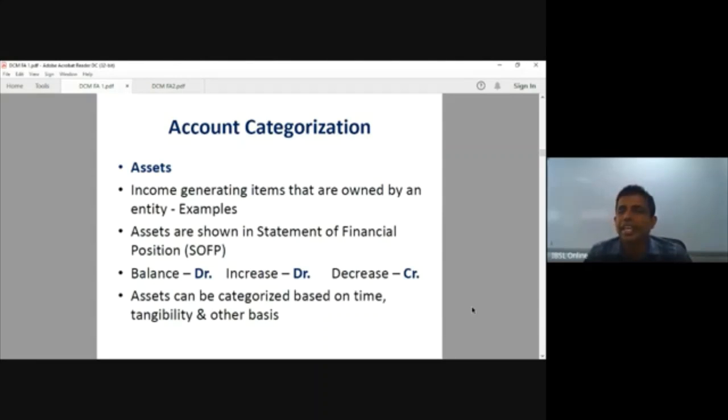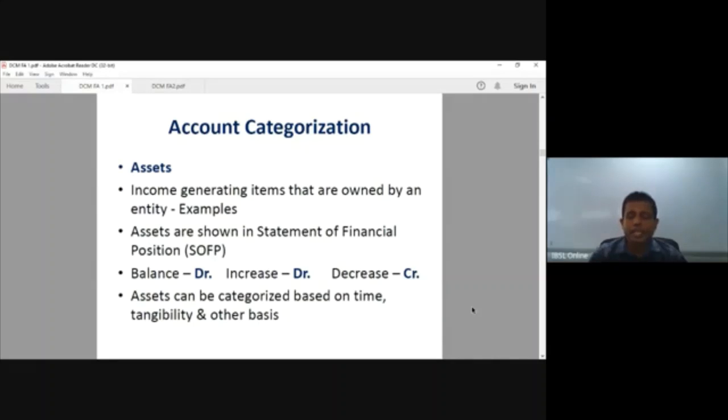And also IBSL owns this asset. Therefore, when you recognize anything as an asset, you have to have those two main characteristics. What are the two main characteristics? Income generation, directly or indirectly, short term or long term. Then it should be owned by the entity.